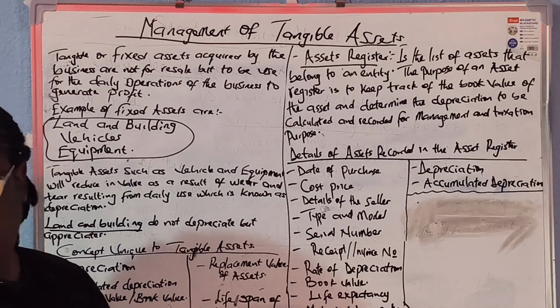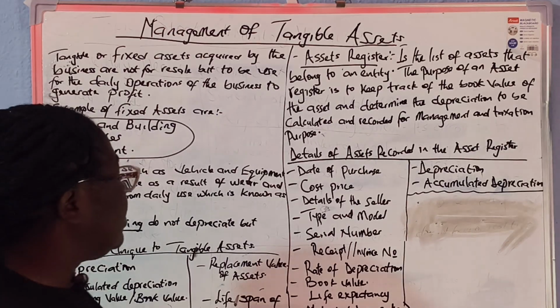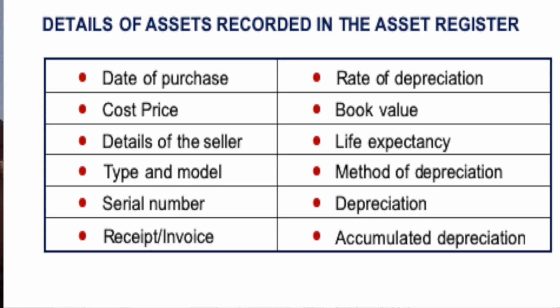The cost price, the historical price of the asset, must also be stated in the asset register. The details of the seller, the type of asset or model. If it has a type, or if it has a model, we write the name of the model, the serial number of the asset, and the receipt or invoice number we receive when purchasing the asset.